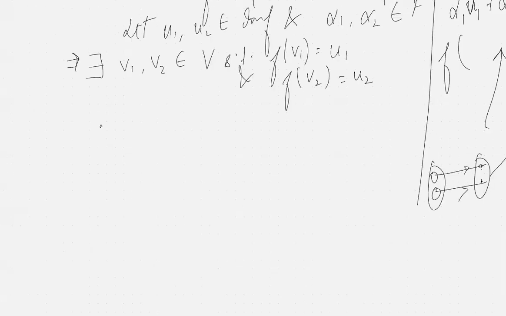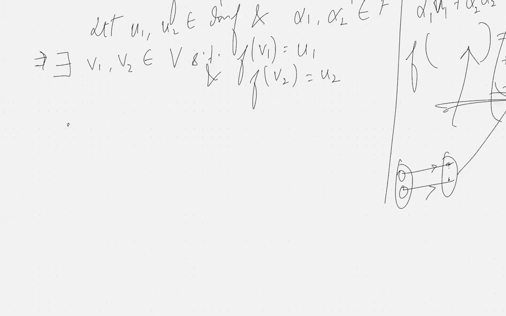So now we will be starting with the RHS, alpha 1 U1. Let's see if we are able to write it in the form of some function. Therefore alpha 1 U1 plus alpha 2 U2. What can it be written as? U1 is equal to f of V1.